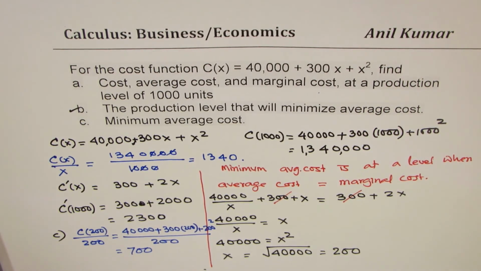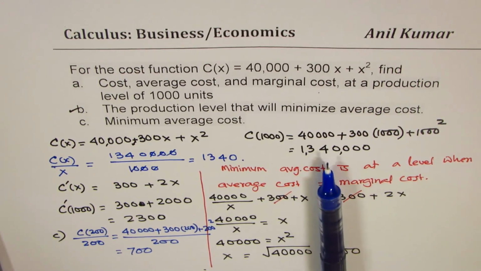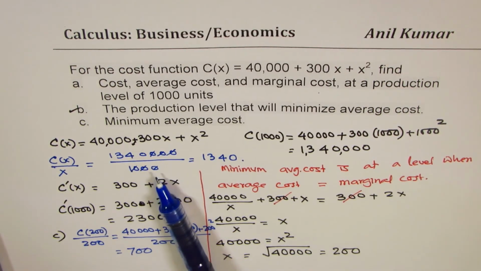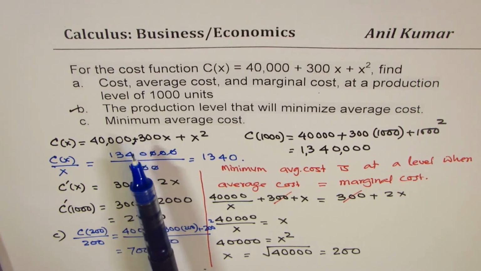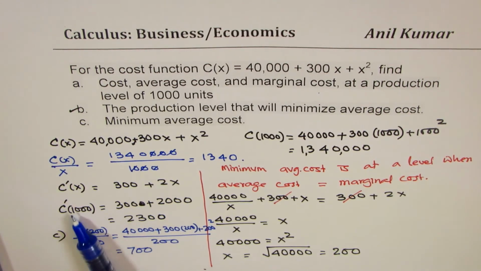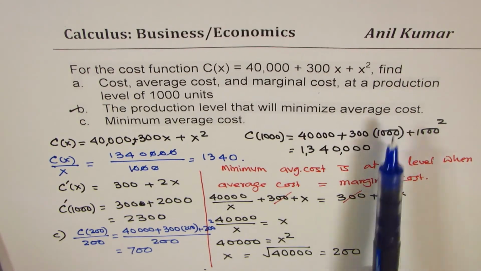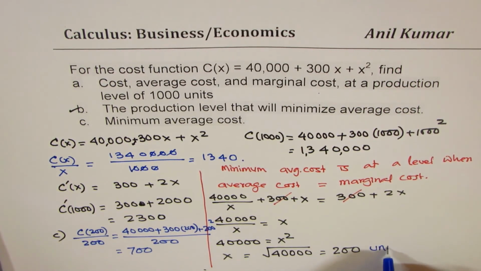So I hope this is very clear to you. In this question, we found the cost for producing 1,000 items, and then we found the average cost by dividing it by 1,000. Marginal cost is the derivative of the cost function. The derivative is 300 plus 2x. Substituting 1,000, we got $2,300 as the marginal cost. To find the minimum average cost, we equated average cost with marginal cost, solved the equation, and found that the production level should be 200 units.